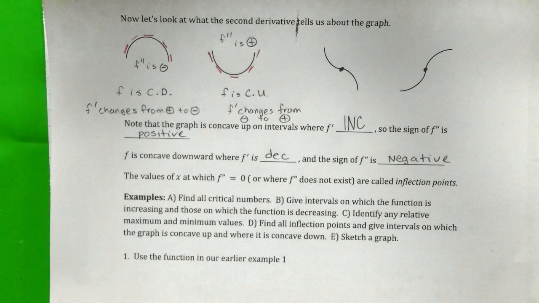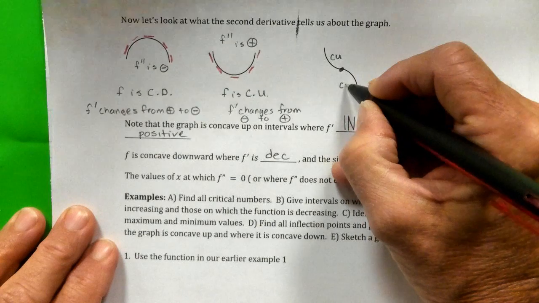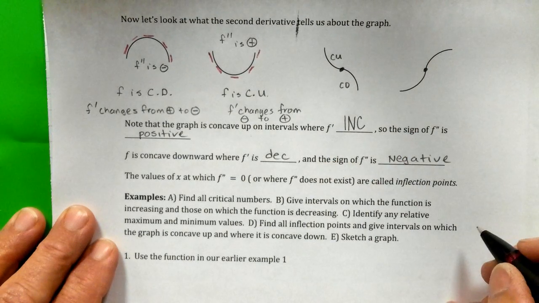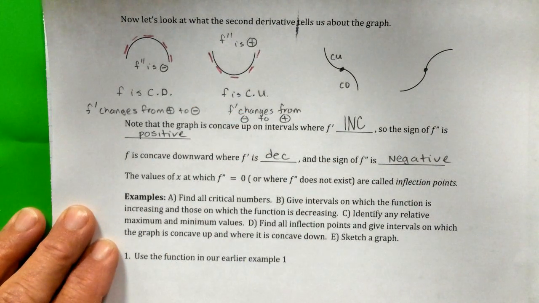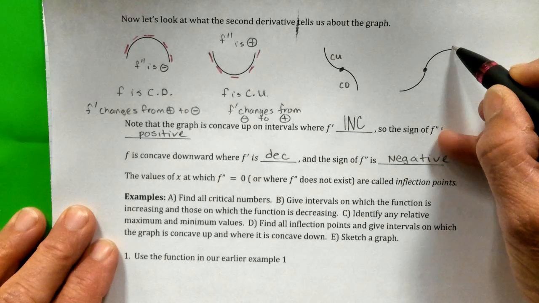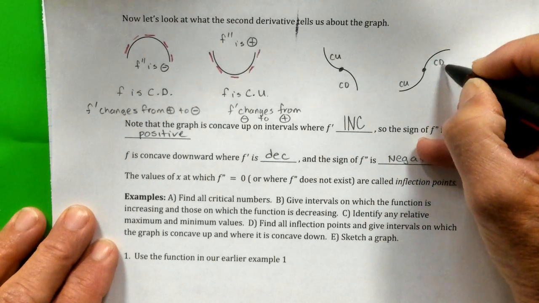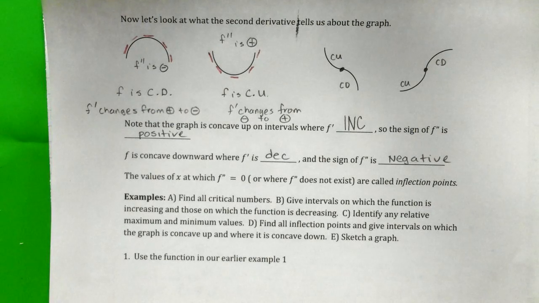The first picture shows a decreasing part of the graph, and the graph is decreasing but concave up here, and decreasing but concave down there. It doesn't have to be such a harsh change as my first two pictures. The second shows a portion of a graph that's increasing, and it changes from concave up to concave down by around that point there.